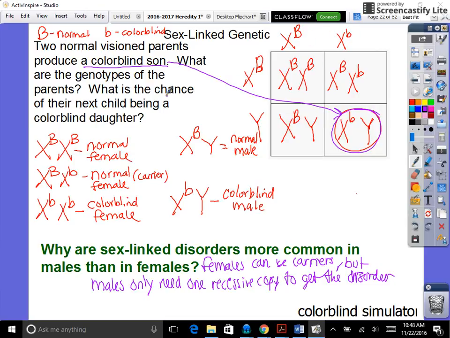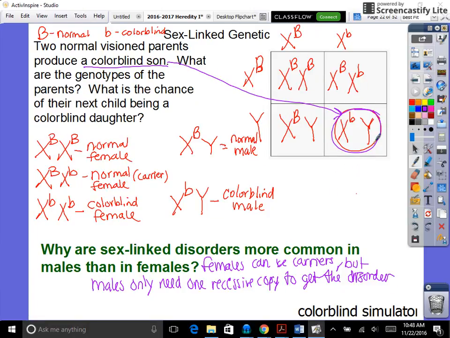What is the chance of their next child being a colorblind daughter? You can pause the video and take a look. All right, if you've unpaused it, there's no chance of them having a colorblind daughter. This daughter is going to be normal, and this daughter is going to be a carrier, but she's not going to be colorblind.